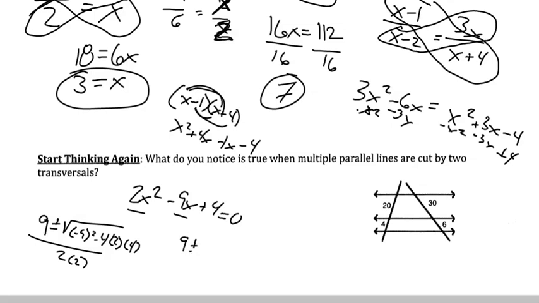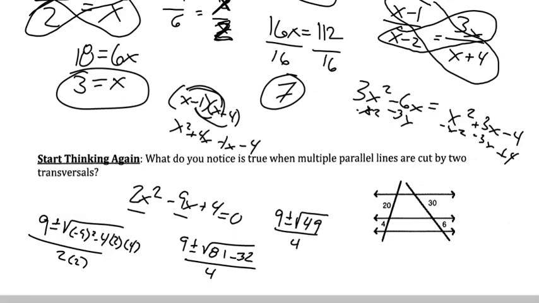That gives me 9 plus or minus the square root of 81, and then minus, let's see, 4 times 4 is 16, times 2 is 32, minus 32. All over 4.